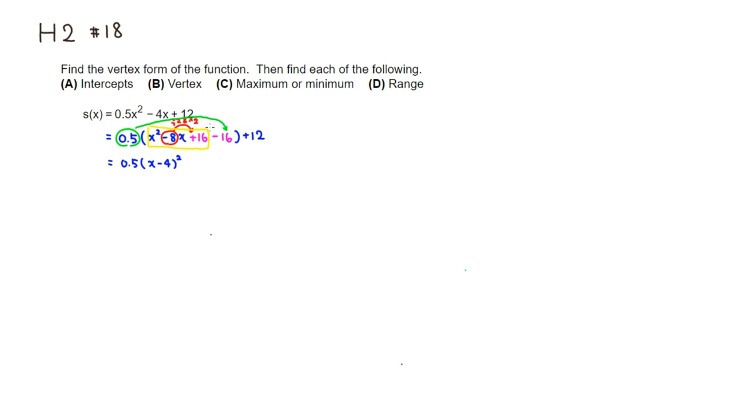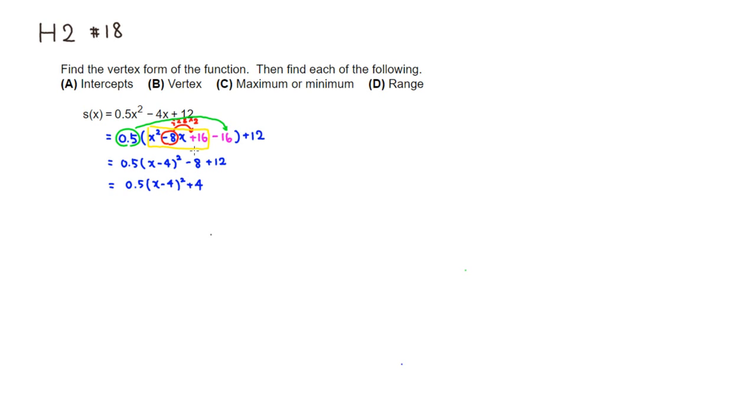So 0.5 times negative 16 would be negative 8. And then we still have plus 12. So you have 0.5 times quantity x minus 4 squared, and then plus 4.